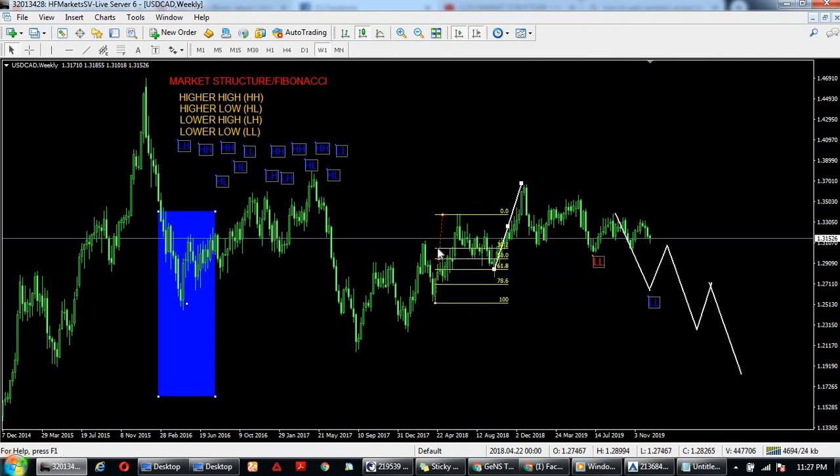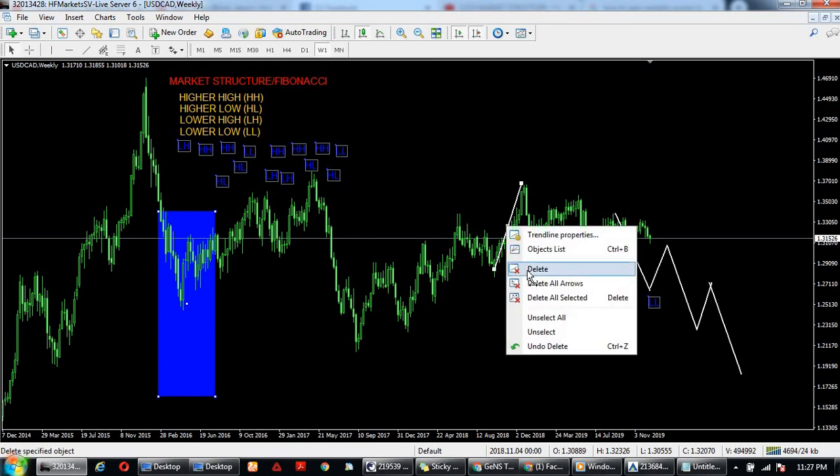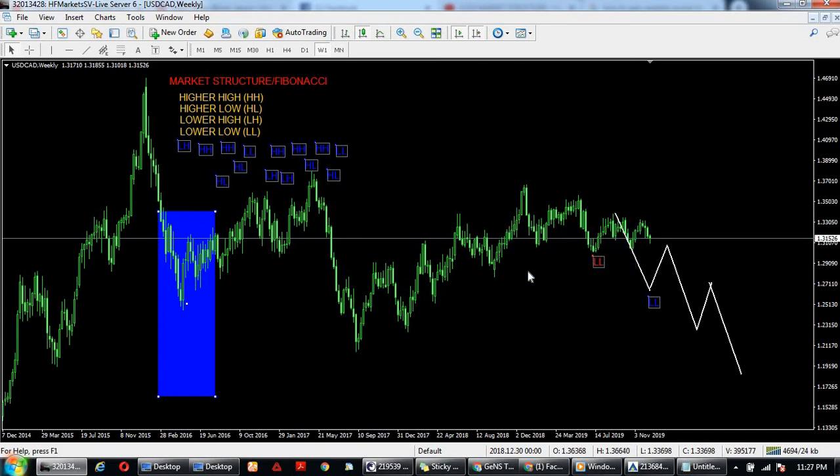So this is how to make use of Fibonacci to look out for trading opportunities in line with your trend. This is where market structure and Fibonacci come in handy. Your knowledge of market structure and Fibonacci gives you trading opportunities: when to stick to a trading bias, when to look out for a trading opportunity, when to change your trading bias.